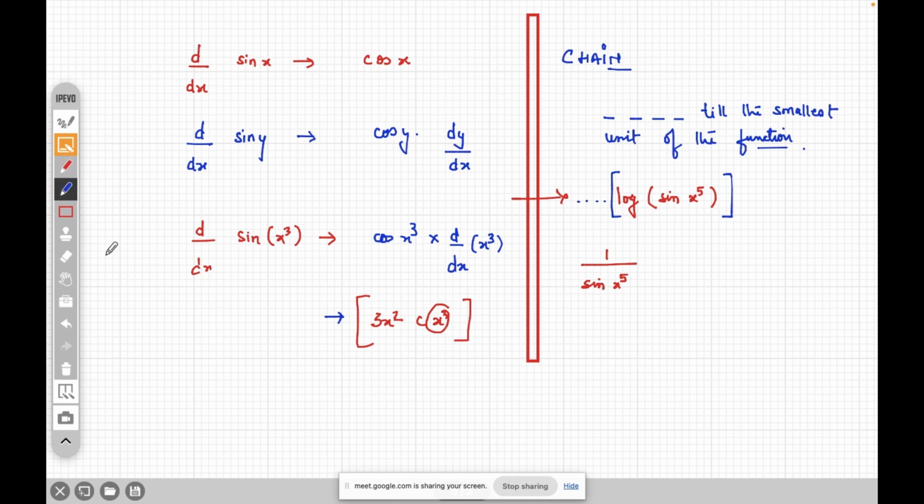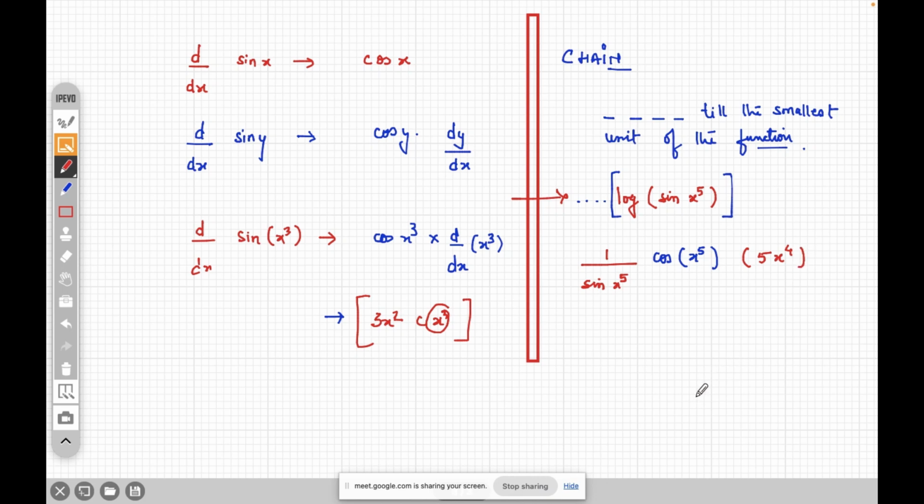Then I have broken the log. I have gone inside the castle of log. I have found one more sepai, sine. Oh, I know whenever I hammer sine, it becomes cos of whatever inside. I crossed the barricade of sine, entered inside, and found the last, x to the power 5. Oh, I know whenever I hammer x to the power 5, it will become like this.